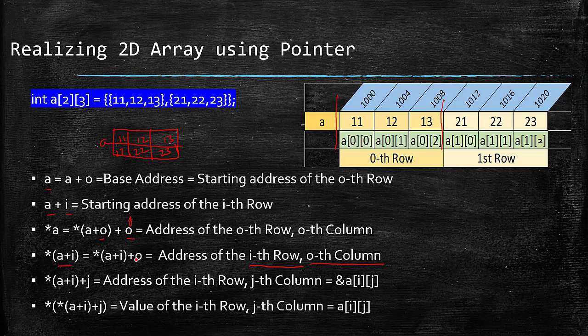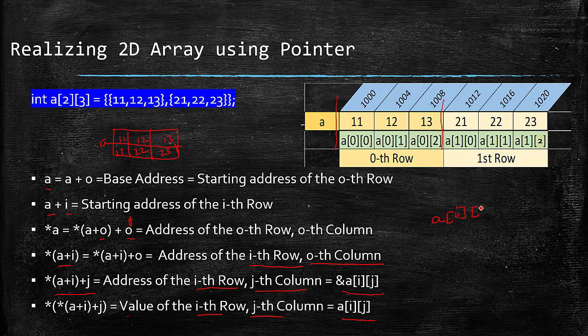So from there we can say that star of A plus I, plus J, is going to give me the address of the ith row and jth column, which can also be represented as the address of Aij. If we put this whole expression under the value-at-address operator, it gives me the value of the ith row and jth column, that is, the value of the Aij cell.